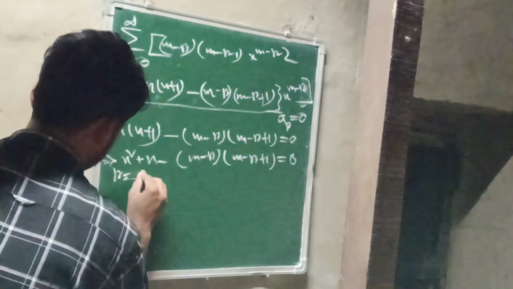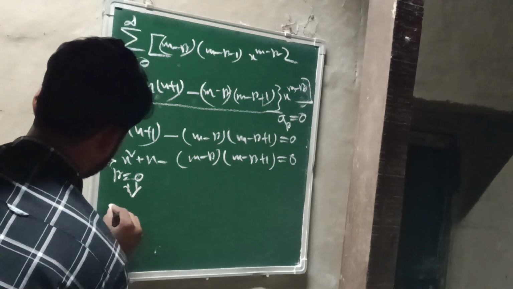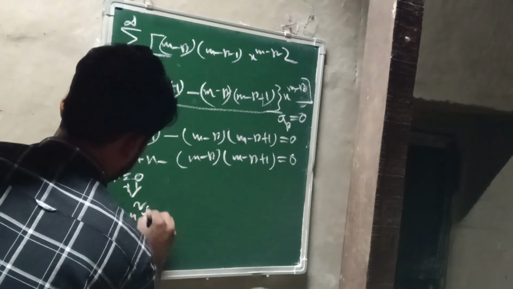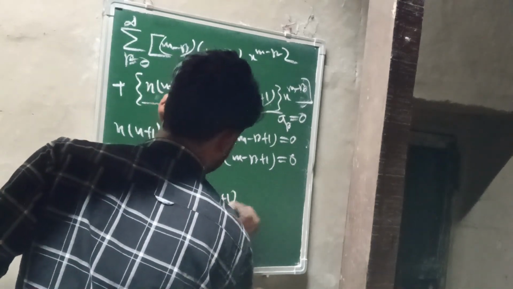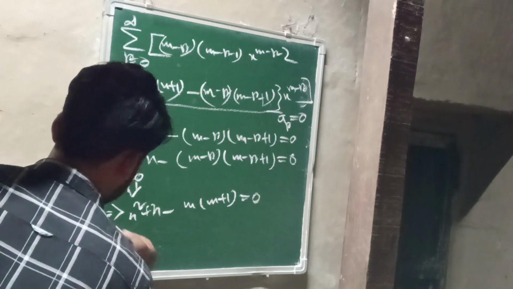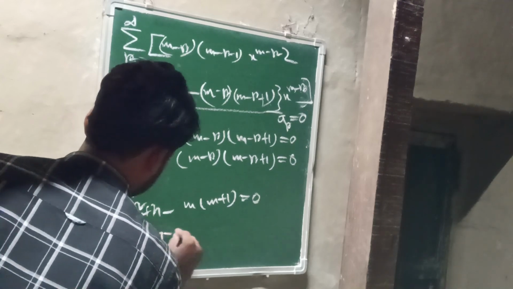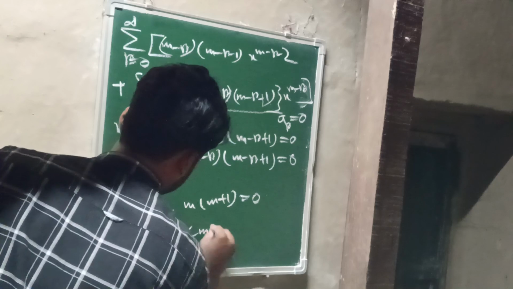For r equal 0, this is n square plus n minus m into (m plus 1) equal 0, that is, n square plus n minus m square minus m equal 0.